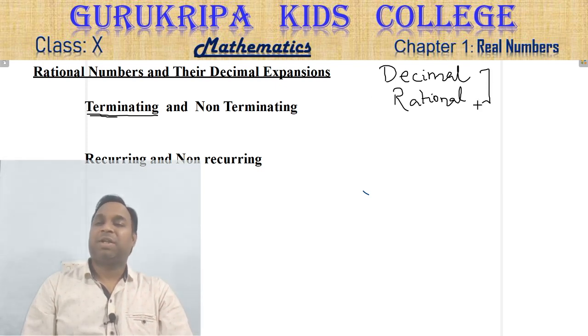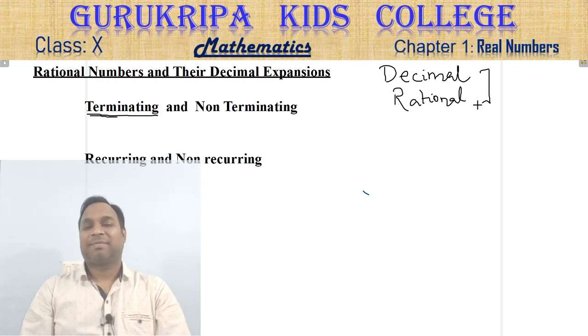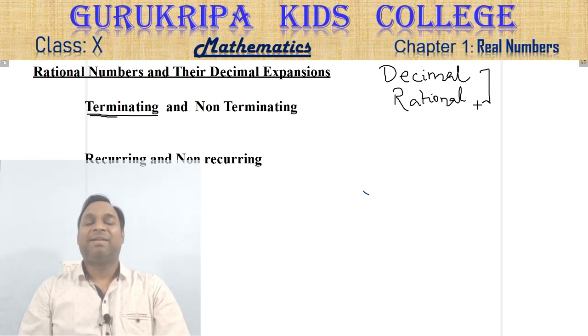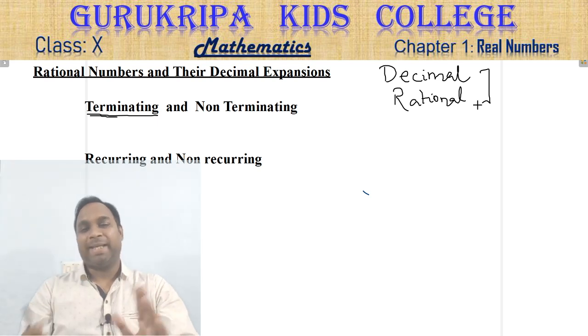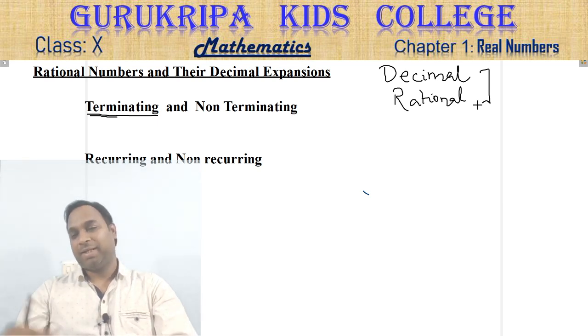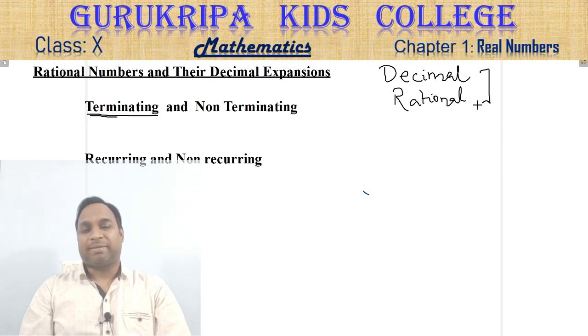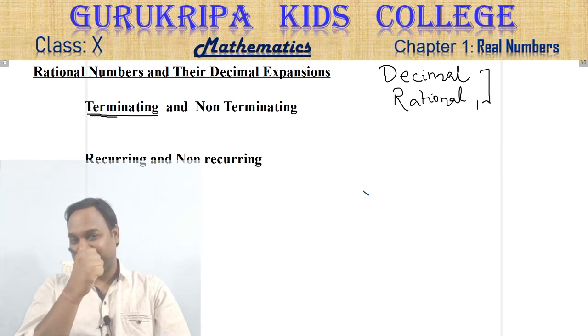Are decimal numbers rational or not? Maybe, maybe not. Some decimal numbers are rational, some are not. We'll see all those things a little later. Don't worry about that as of now. We'll just see about decimal numbers.